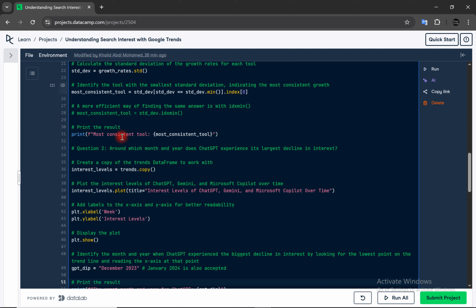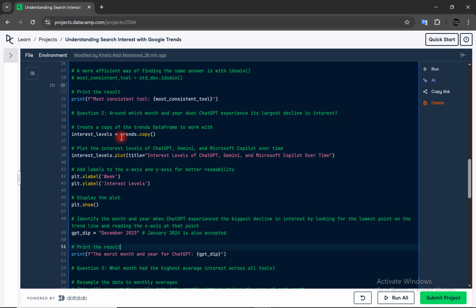That happened in December 2023, and it was the biggest drop in popularity. Well, it actually continued from December 2023 to January 2024.